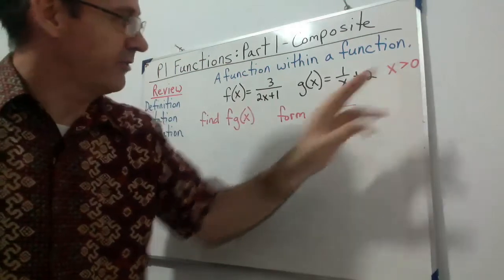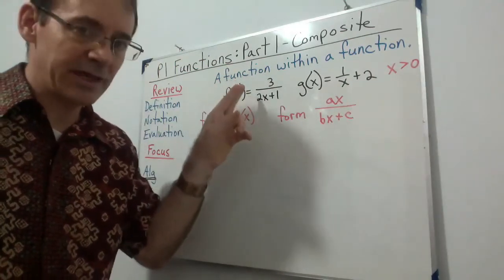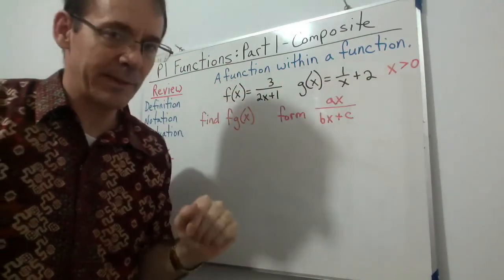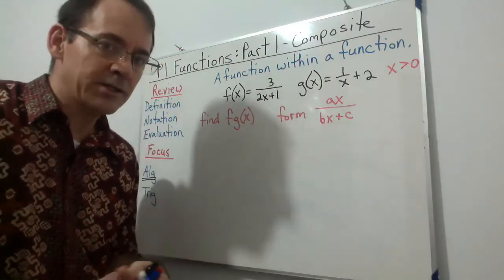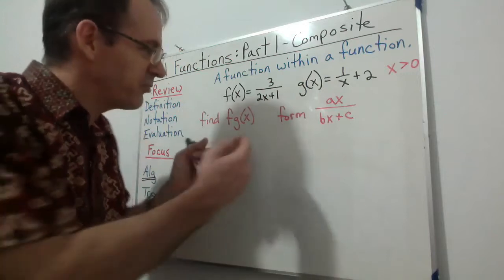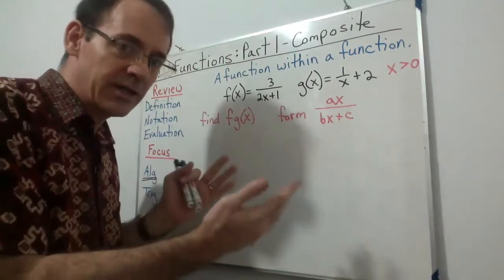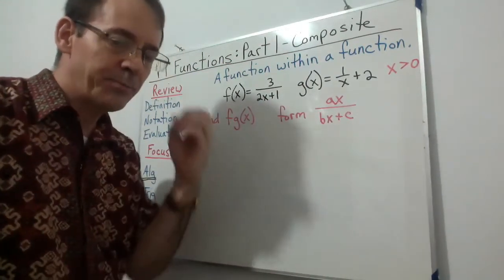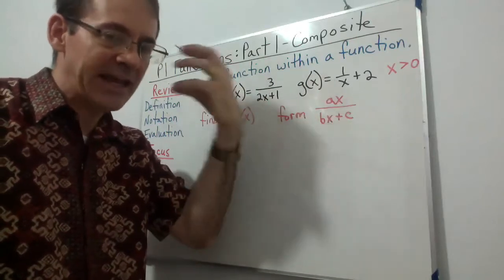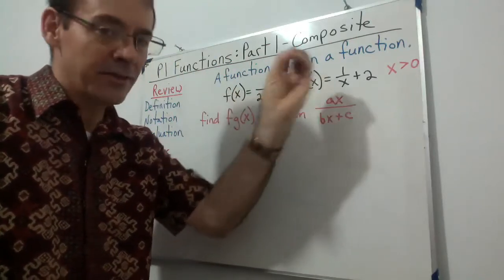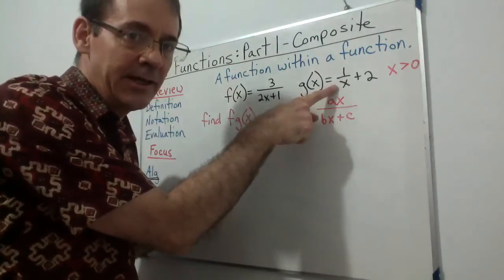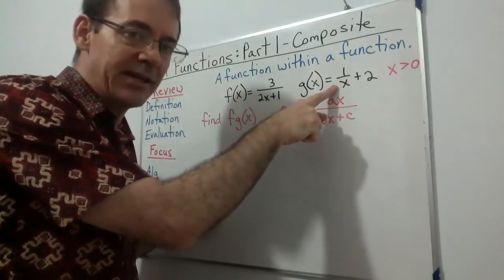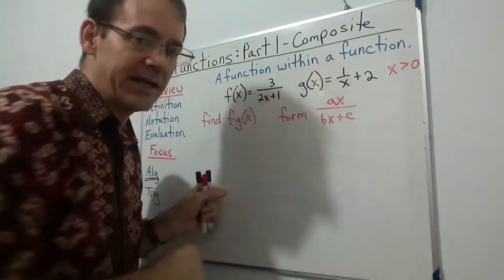The x greater than 0 is the domain for the f of x function. It is also the domain for the g of x function. Even though it doesn't really affect the outworking of the problem, it's important that you start understanding the meaning of the domain statement. Because there's a fraction here, it means x cannot equal 0. You cannot divide by 0.